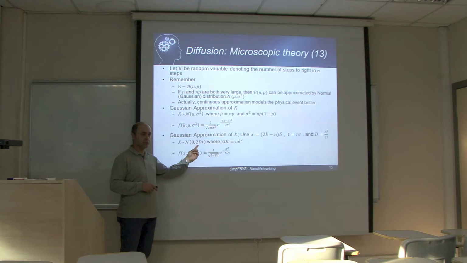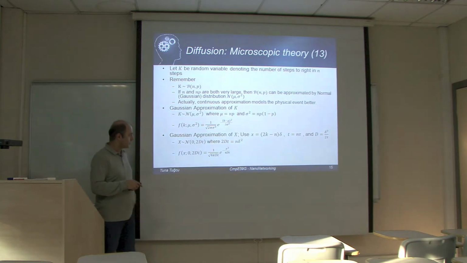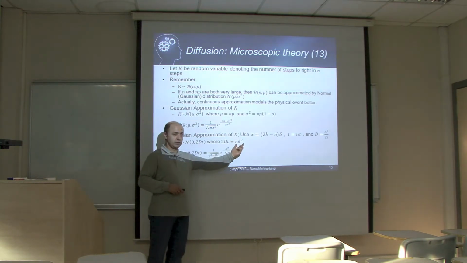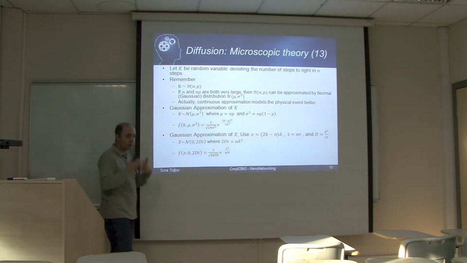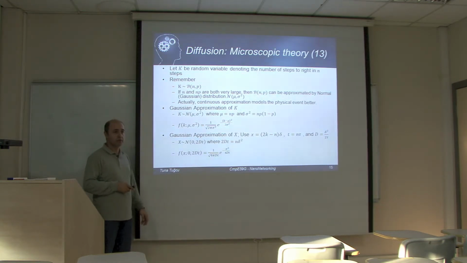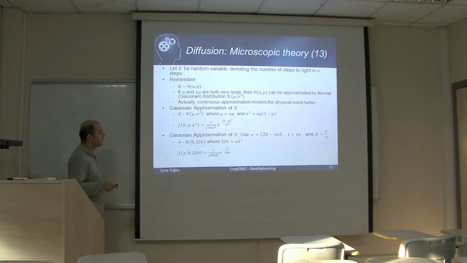The standard deviation would be the square root of 2Dt. That's one of the things you will remember from the first few slides. And remember, 2Dt is actually n sigma squared. That's the variance. That's what we found in the previous slide. But we want to write it in terms of 2Dt when we're talking about diffusion, because we talk about the diffusion coefficient. And this would be the PDF accordingly. So these are continuous approximations for k.